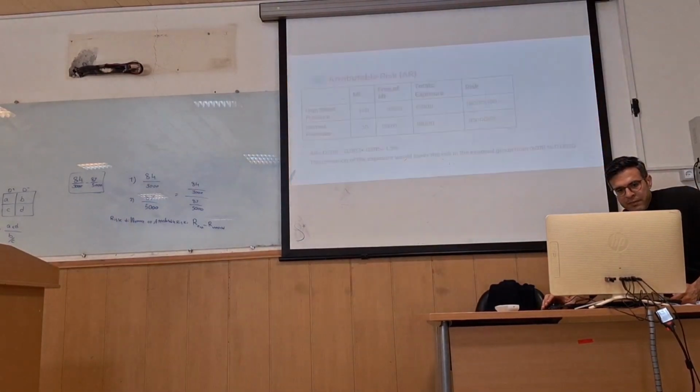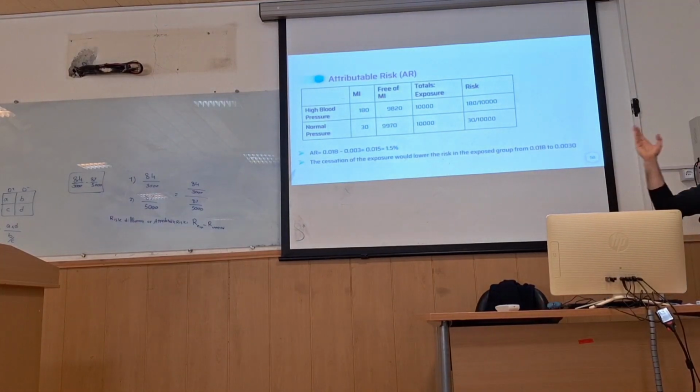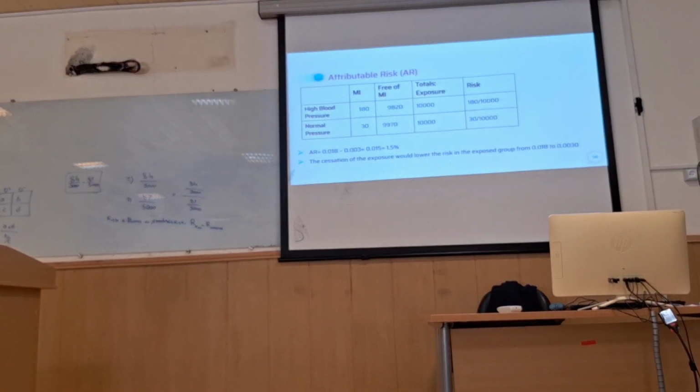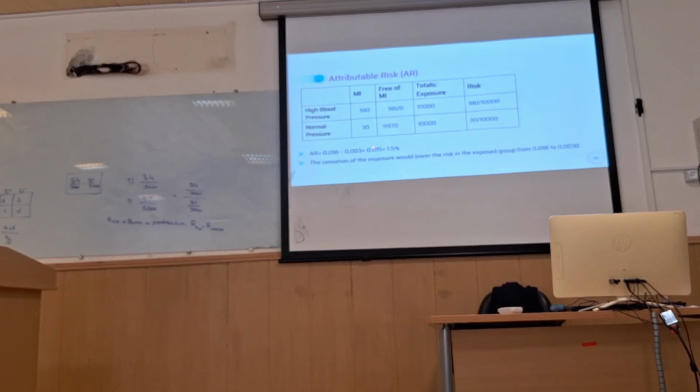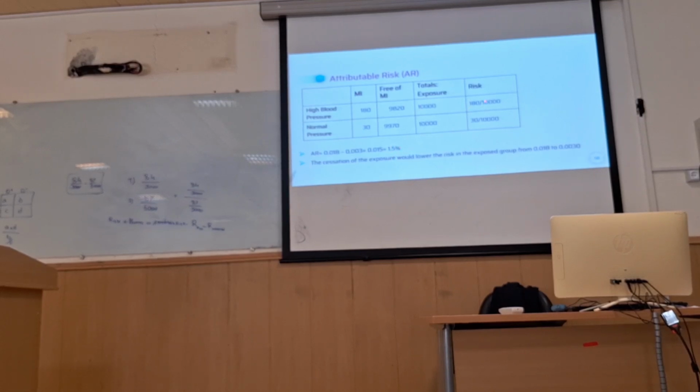For example, in this scenario, you want to estimate attributable risk fraction. At first, you should calculate risk difference. After that, your result should be divided by risk in exposure.